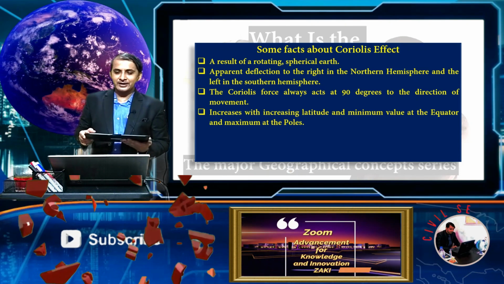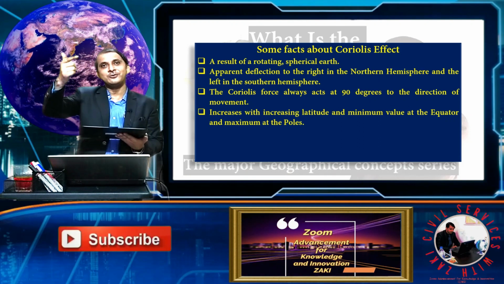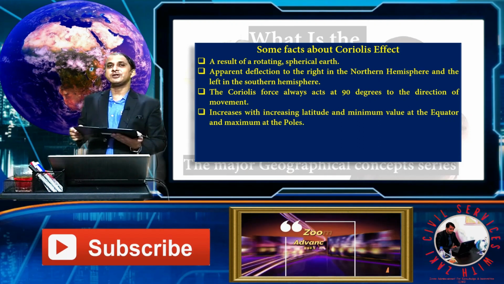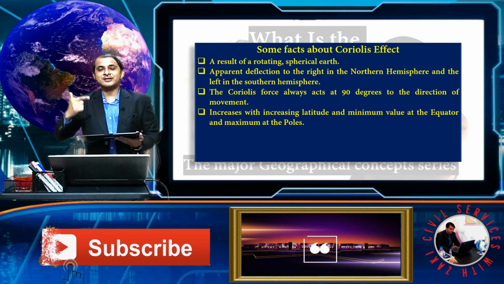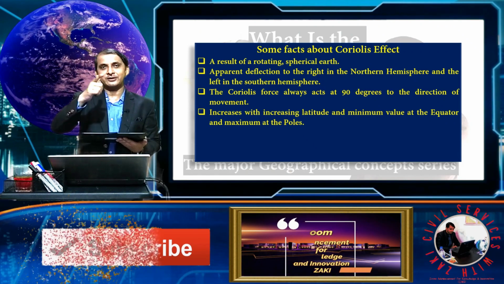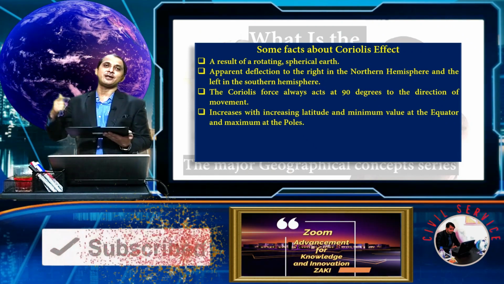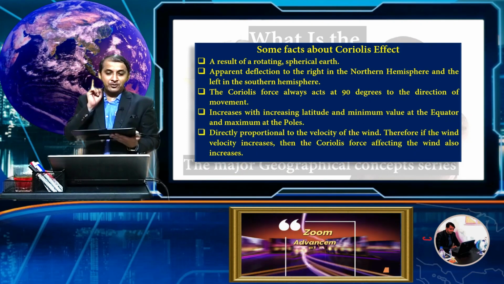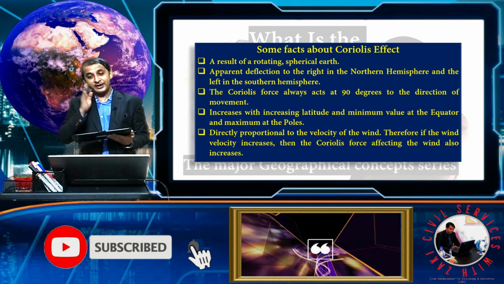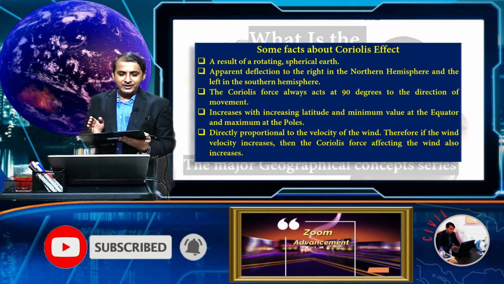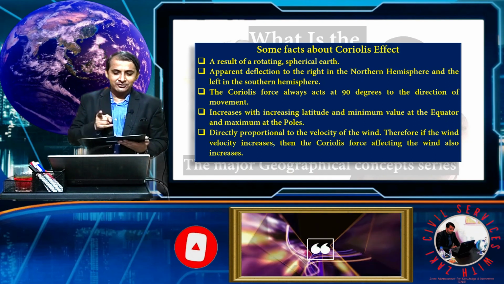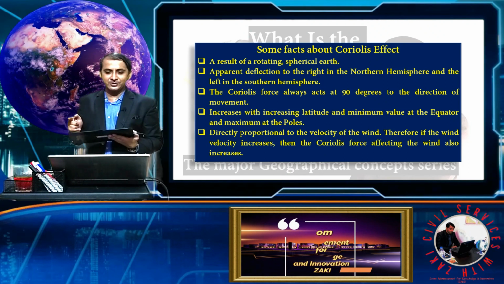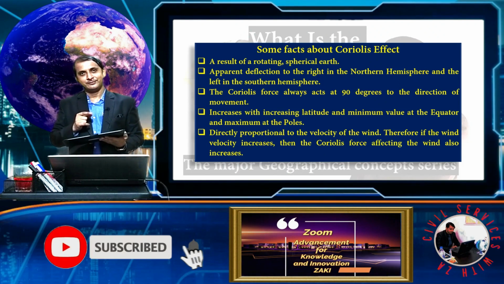The minimum value is at the equator and the maximum value at the pole. And another thing is it is directly proportional to the velocity of the wind. It means if the wind velocity increases, then the Coriolis force affecting the wind also increases.